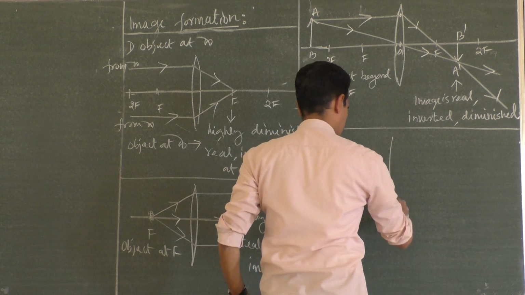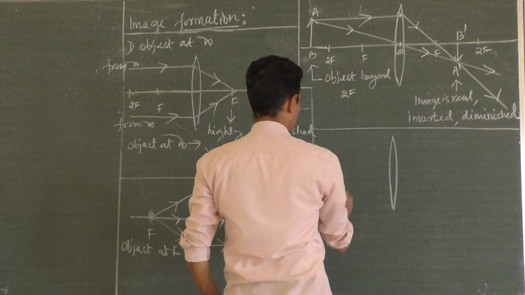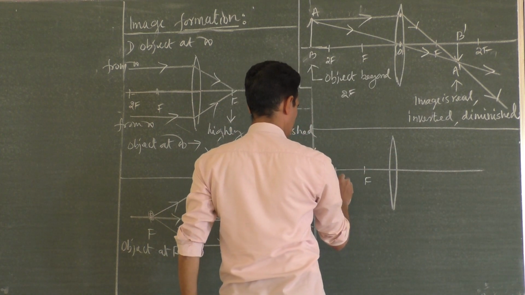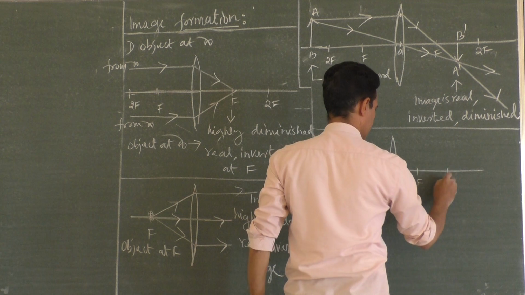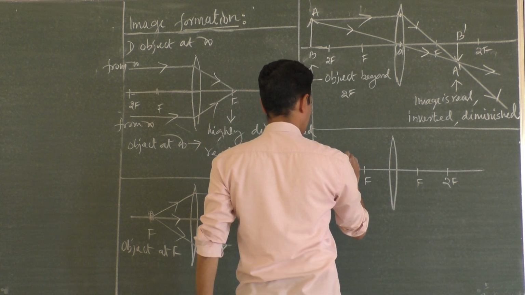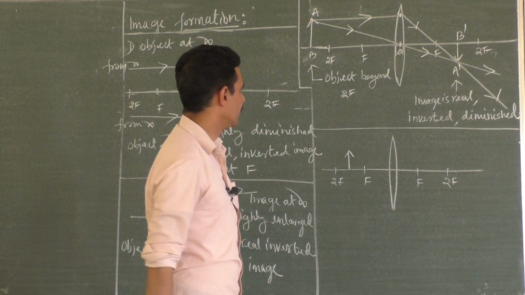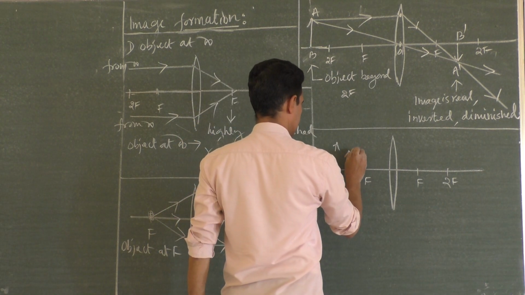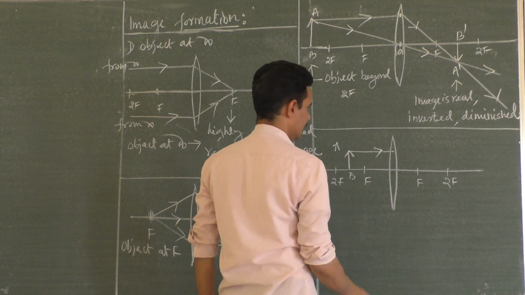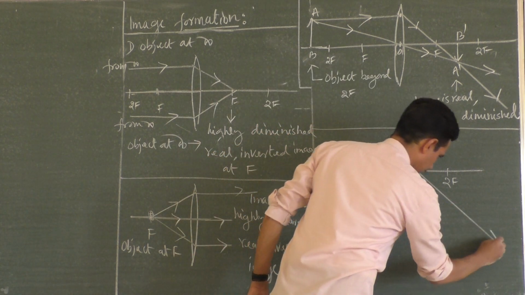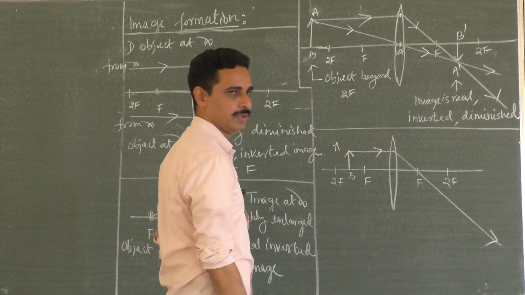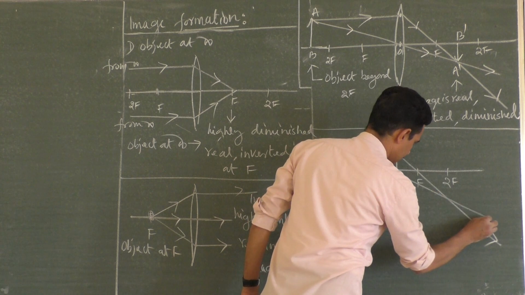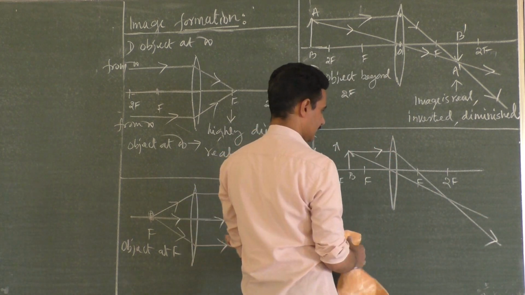So I will take one lens, and here is f, here is 2f, and here is f, here is 2f. Let the object be kept between f and 2f, and this is B and this is A. A ray of light incident parallel to the principal axis after refraction passes through focus, two arrows, and another ray of light passes through the optic center. Okay, this is not up to scale now.